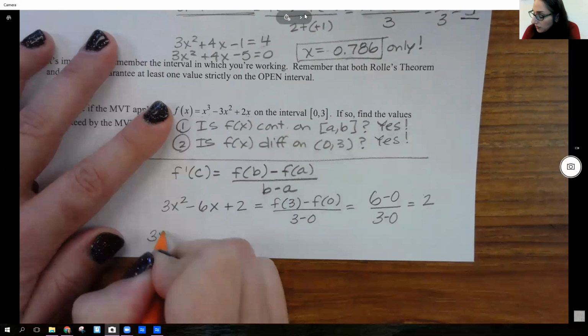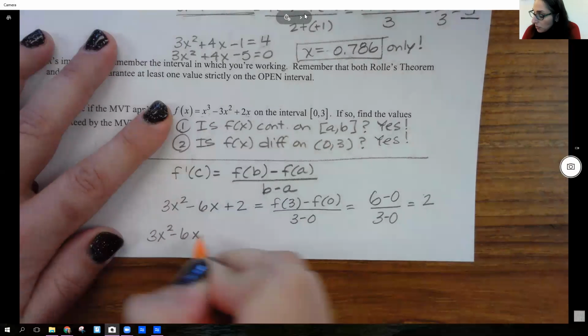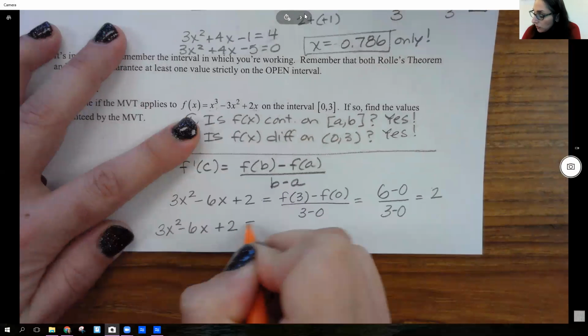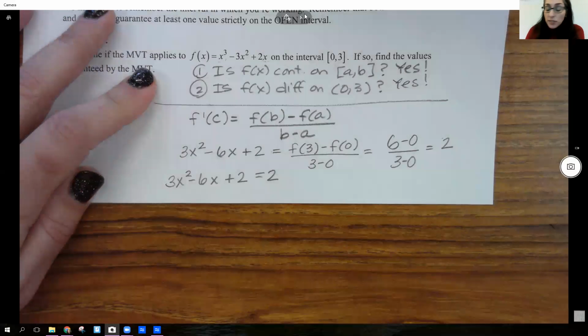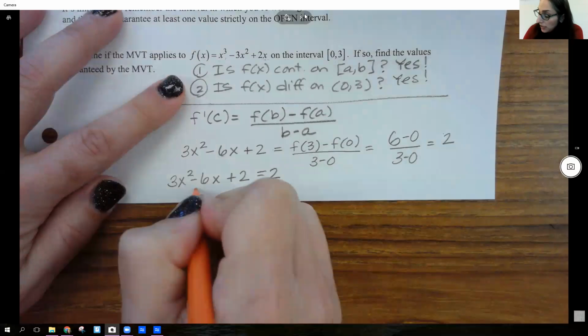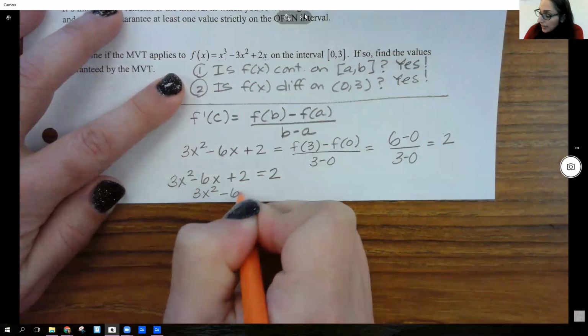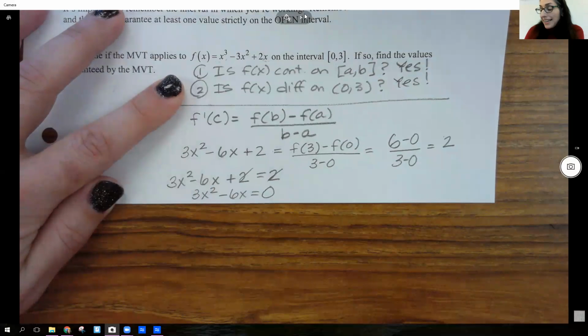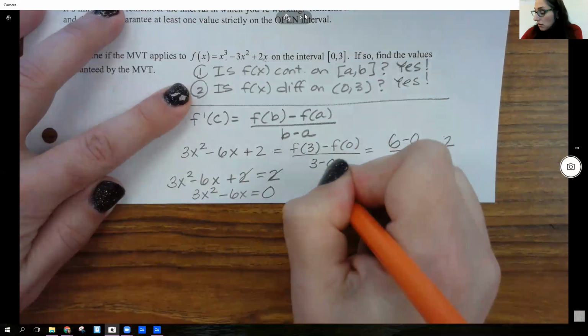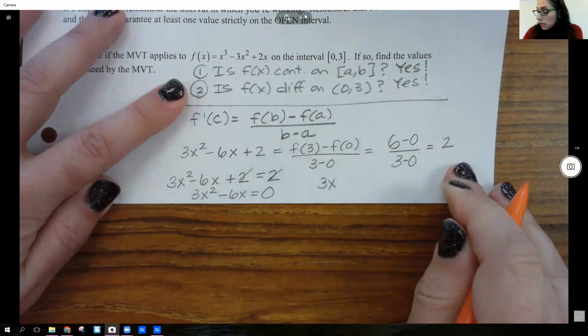So 3x squared minus 6x plus 2 equals 2. That's quadratic, so we need to get it set equal to 0. So 3x squared minus 6x, subtract the 2's, equals 0. Take out a 3x, right?